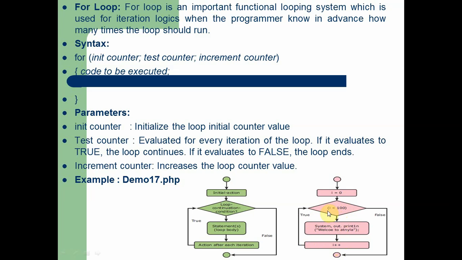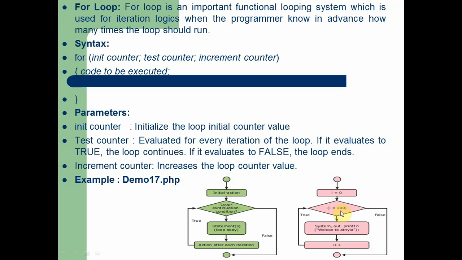So this statement executes until the value of i becomes 100. It means this statement is going to print 100 times, because the counting starts from 0 and the condition is 100.